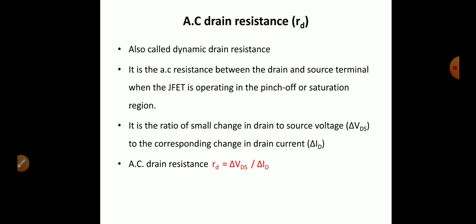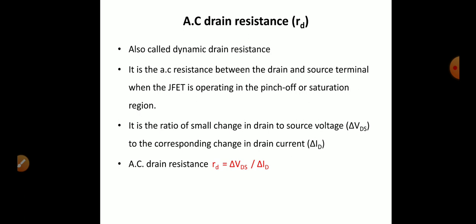Second one is AC drain resistance represented by small r subscript d. It is also called dynamic drain resistance. It is the AC resistance between drain and source terminal when the JFET is operating in the pinch-off or saturation region. It is the ratio of small change in drain to source voltage to the corresponding change in drain current.